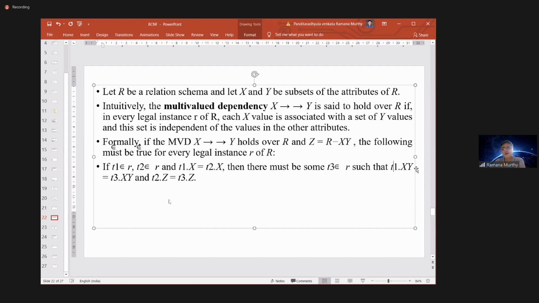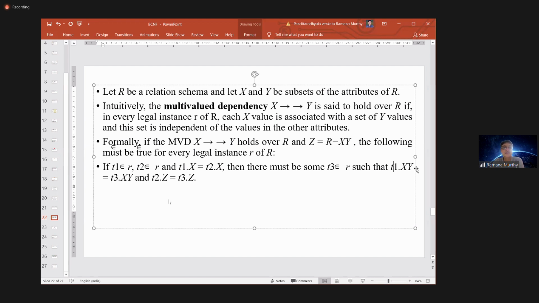then take another tuple T2. The Z value of T2 must be equal to either T1's Z or T3's Z, but T1 and T3 themselves cannot have the same Z value.